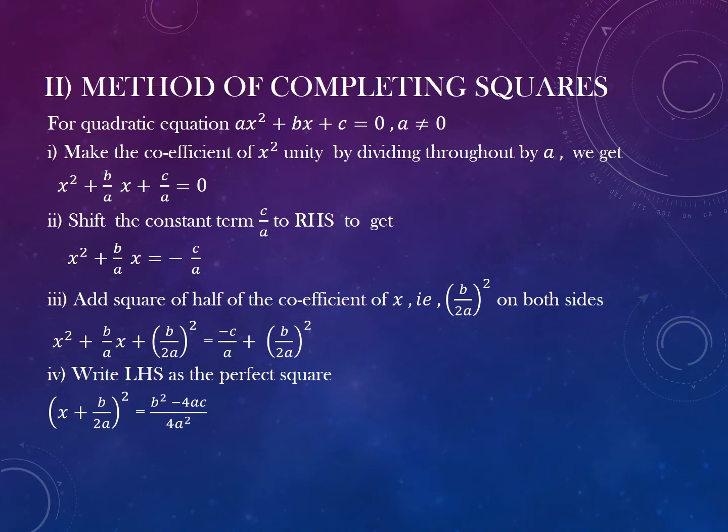The LHS is an expanded form of our first identity (a + b)², where in the place of a² we have x² and in the place of b² we have (b/2a)², which can be written as (x + b/2a)². Also on the right side, finding the square and finding the LCM, it becomes (b² − 4ac)/4a².